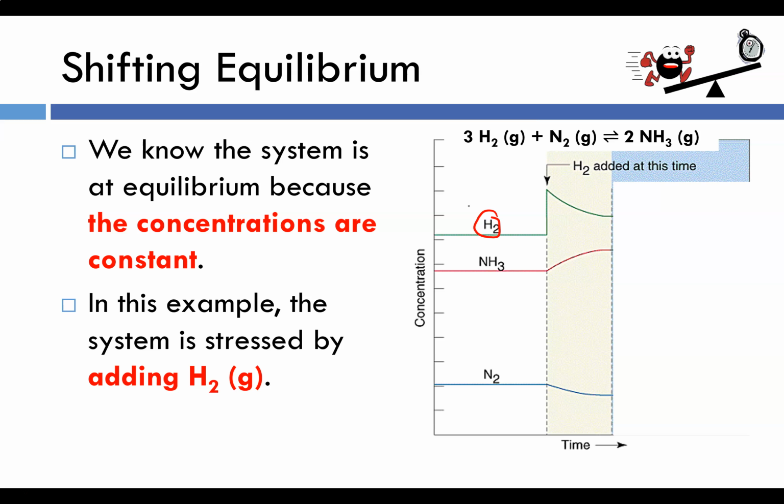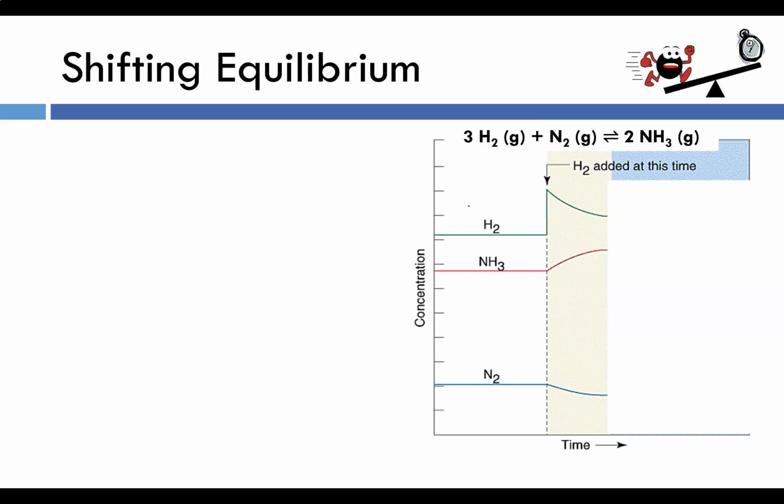We see that increase in H2 concentration, and then as a result of changing that, you can see that we are also going to impact the concentration of ammonia, NH3, and nitrogen gas. So let's talk a little bit more about this. Once we add in the H2, we see changes in the concentration of all of the substances. We can see once the H2 is added, its concentration starts to decrease.